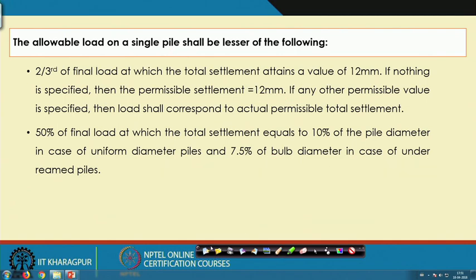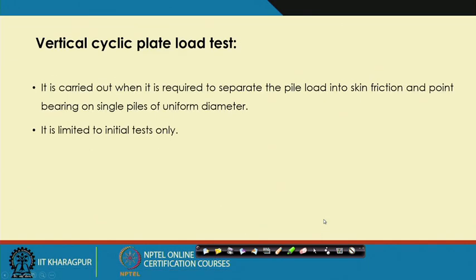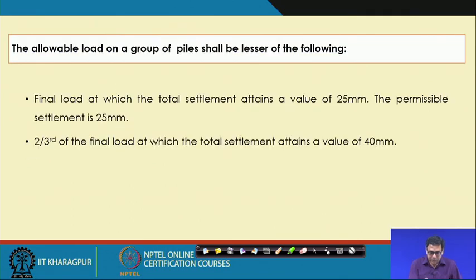Now, the next clause is for the group pile. It is a similar type of clause: the final load at which total settlement attains a value of 25 millimeter. If nothing is specified, the permissible settlement for the group you can take as 25 millimeter.